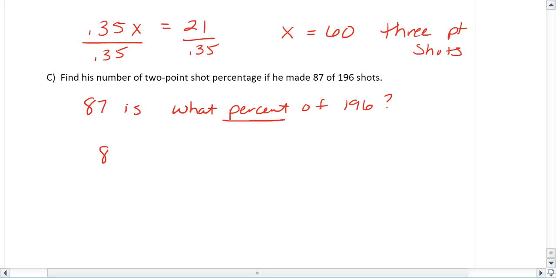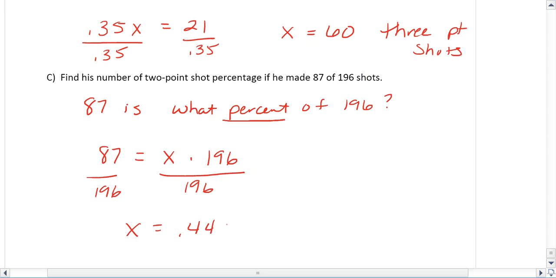So 87, the is the equal sign, x is the what percent, times 196. If we divide both sides by 196, we get x equals 0.44387. Since we are asked for percent, we change that by moving the decimal over twice, and I'm going to round off to the nearest tenth to get 44.4%. So that's the percentage of 2-point shots that he made.